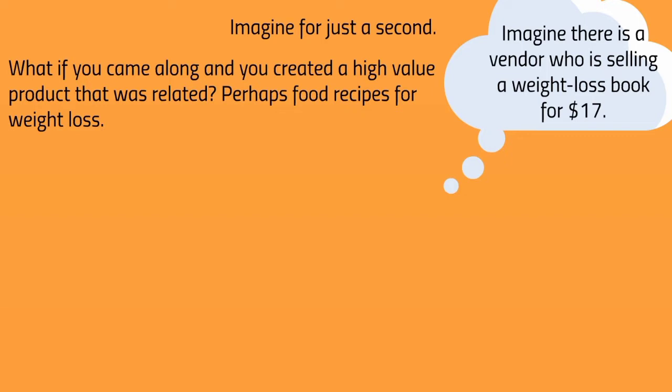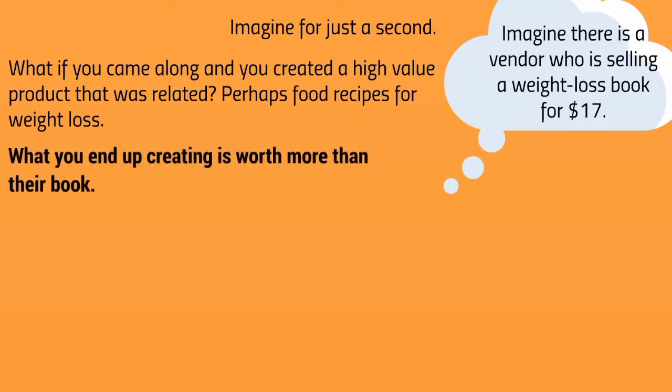Obviously, if you approach a vendor who is selling a recipe book on weight loss, they're more likely to say, oh no, definitely not. Heck no. They're definitely not going to accept that, because that's just too close to what they're selling. So in this case, because their book is about weight loss and weight loss training exercises, you can create a high value product related indirectly that discusses food recipes for weight loss.